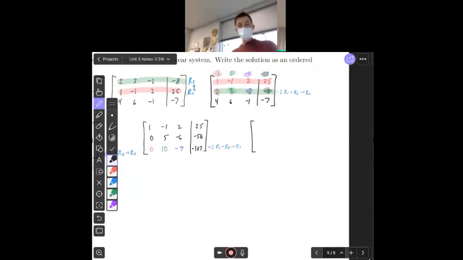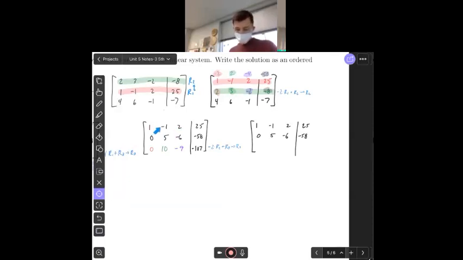But I'm not messing with row 1, so it comes across. Not messing with row 2, so it comes across. So I go back and just make sure all those signs are right, because I really don't want to screw up, because I'm doing a whole bunch of work because I messed up a sign.